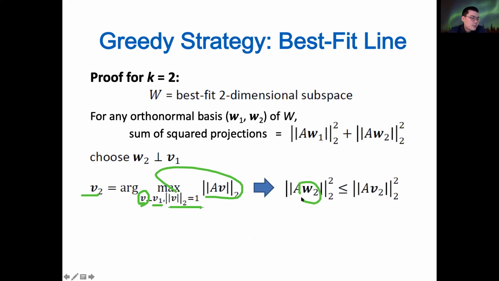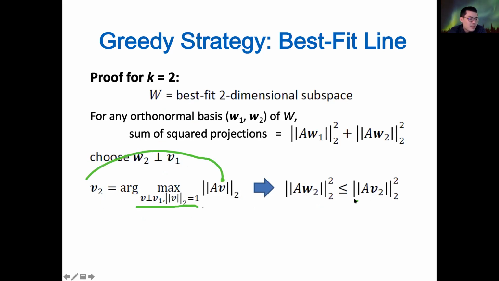Let's take a look. W2 is orthogonal to V1, so this condition holds, and W2 is also normal, meaning a unit vector. So W2 satisfies this requirement, and we know that V2 maximizes this value. Of course, your W2 cannot go beyond that, so this is an upper bound now.